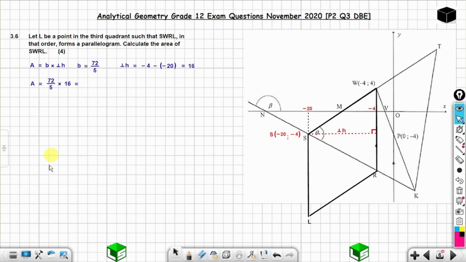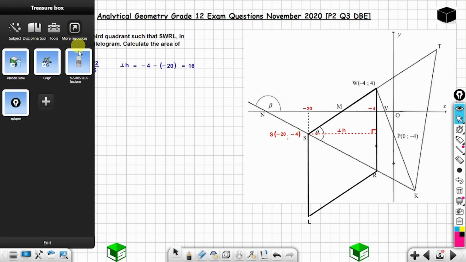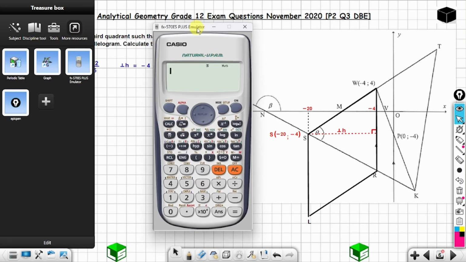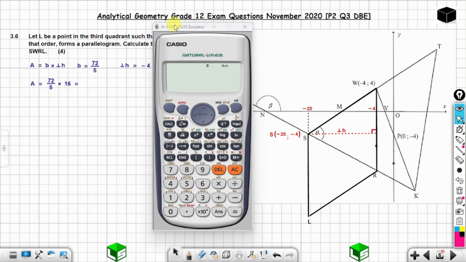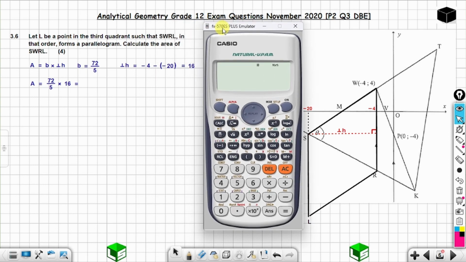This is equal to, use your calculator, 72/5 times 16. So this is equal to 230.4 square units.